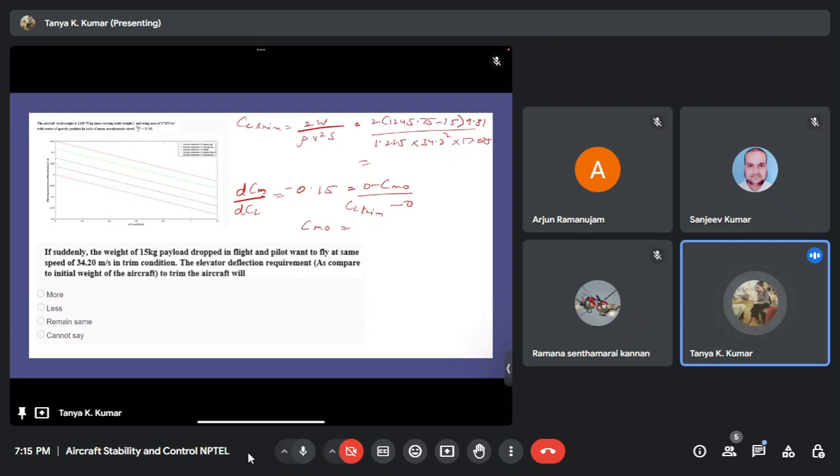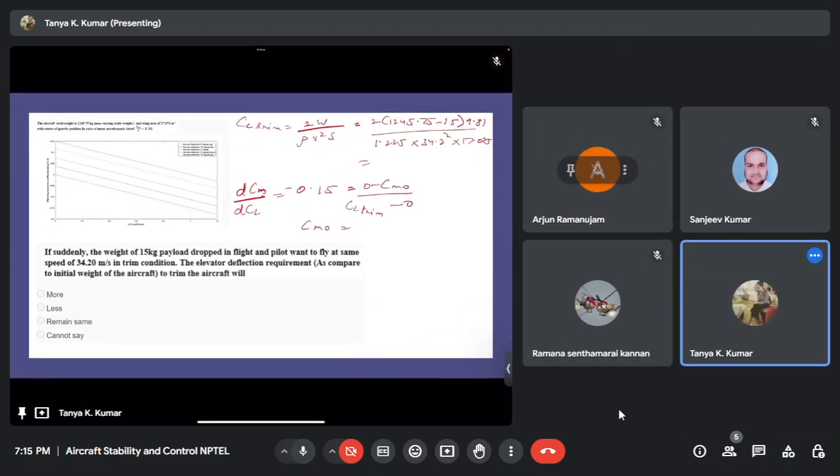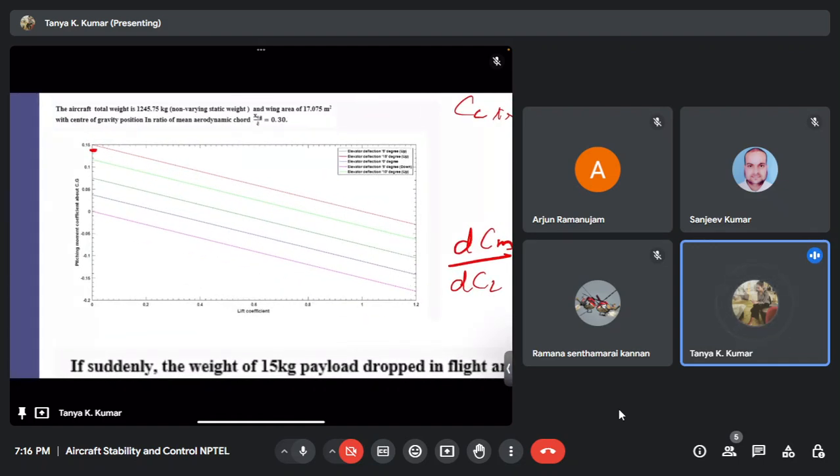So what is the new CL trim? It comes around 0.987. There's only a slight difference because there's only 15 kgs dropped, right? And the new Cm naught comes to 0.148. So this is 0.15, 0.148 will be somewhere here. So according to the data, do you think it will be an increase or decrease in elevator deflection?